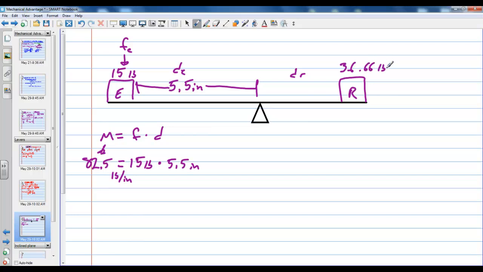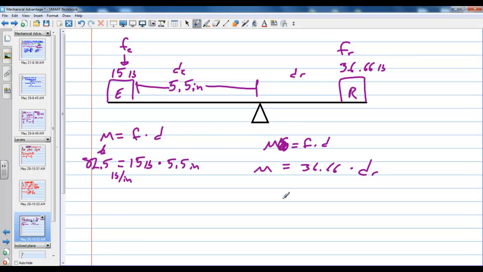If we have that as our resistance force, we can do our moment equation here. So our moment is equal to force times distance, and we have a force of 36.66 times DR, oops, that's not an E, that's a moment, is equal to our moment.